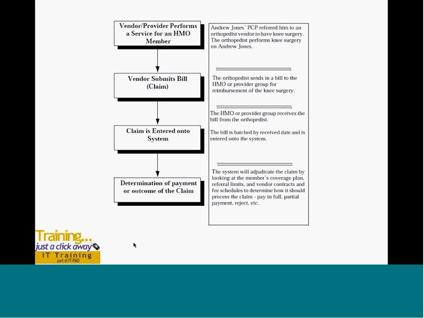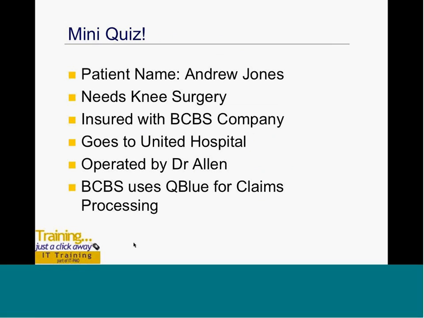The doctor submits the bill or the claim to the company. It is entered into the system, and when the claim is entered, the system adjudicates it to determine the payment or outcome of the claim. So simple flow: vendor provides service, healthcare company receives the claim and enters it into the system, and determination of payment or outcome of the claim is done by the system.